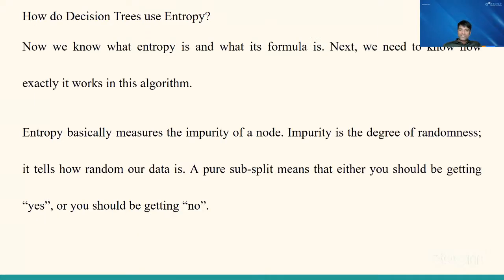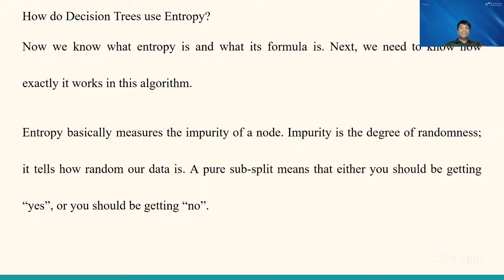So how does a decision tree use entropy? This is what we have to understand next. First of all, we understood what entropy is, and now how this entropy gets implemented in the decision tree. Entropy is nothing but the impurity in the node, or you can say uncertainty in the data.